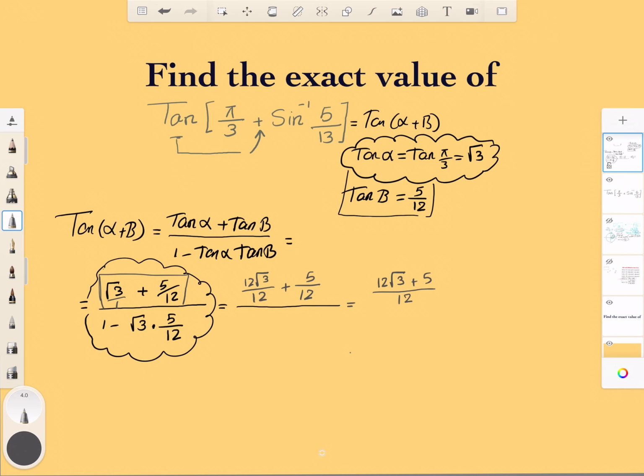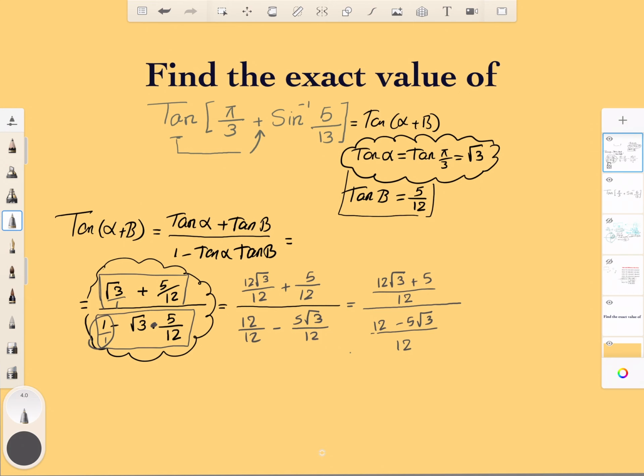Now the denominator, we have 1 minus root 3 times 5 over 12. Here's multiplication. That's a 1. Find the common denominator, which will be 12 over 12. This will be for the 1 minus 5 root 3 over 12, divided by 12 minus 5 root 3.